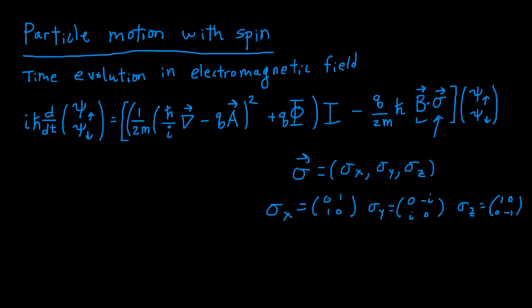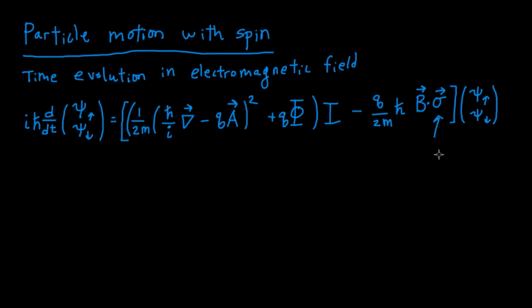So B dot the sigma vector is just borrowing notation from the regular dot product. For instance, B dot sigma equals Bx times sigma x plus By times sigma y plus Bz times sigma z. So this whole thing is just a 2 by 2 matrix here.